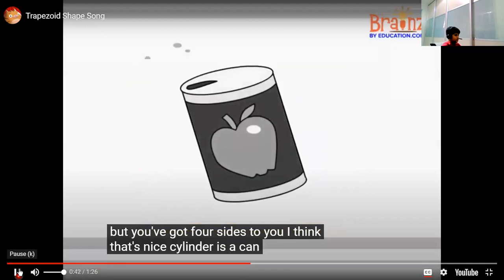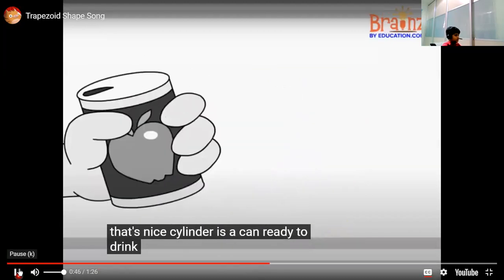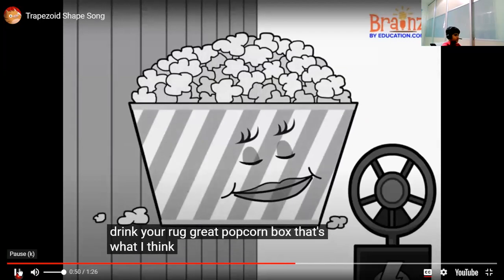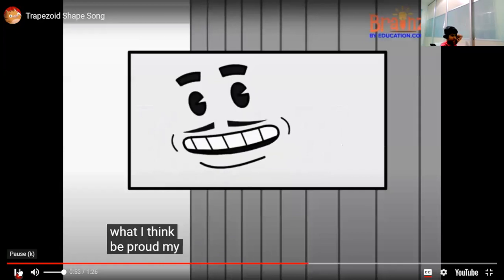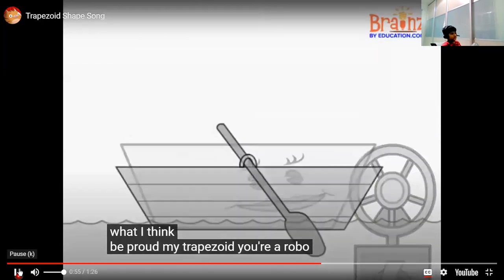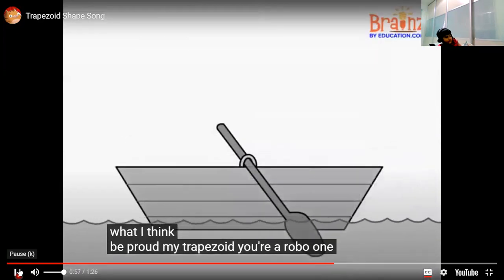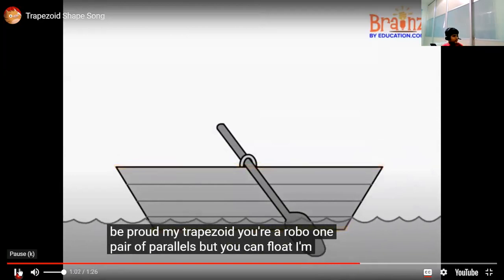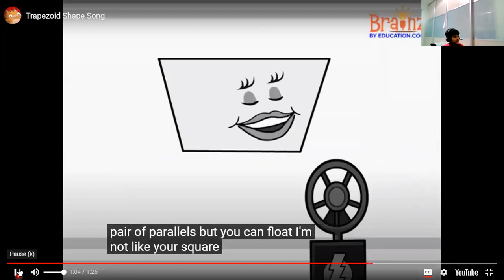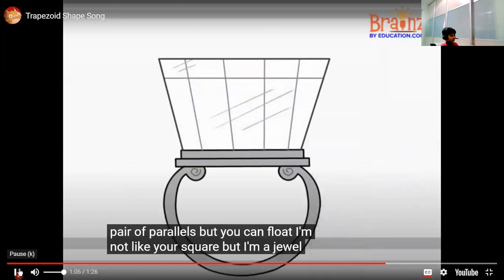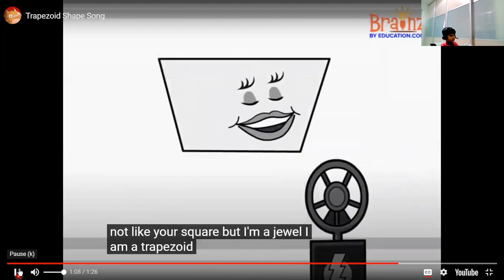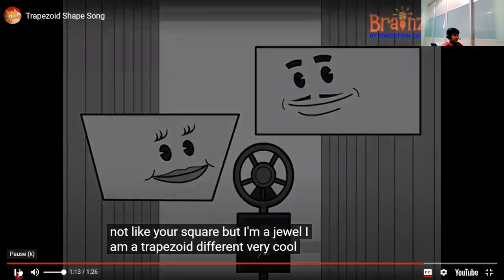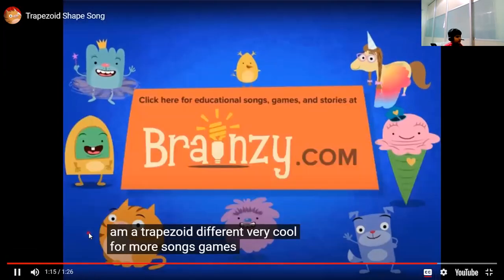Cylinder is a can, ready to drink. You're a great popcorn box, that's what I think. Be proud, my trapezoid. You're a rowboat, 1 pair of parallels, but you can float. I'm not like your square, but I'm a jewel. I am a trapezoid, different and cool.